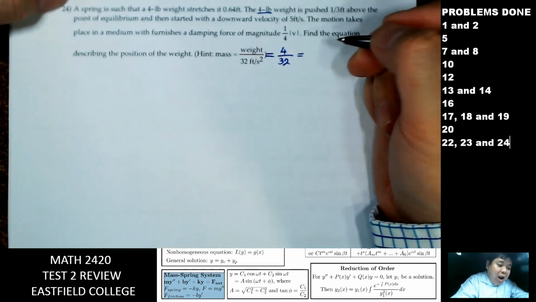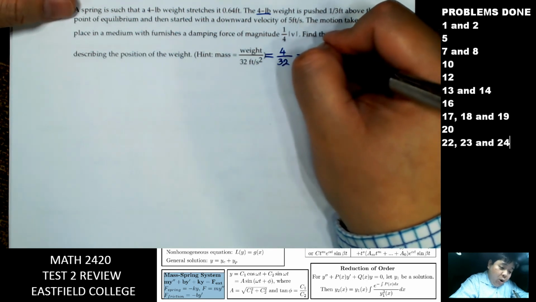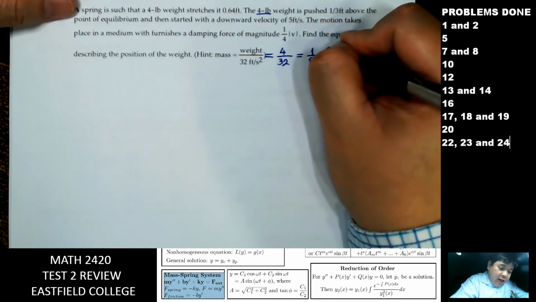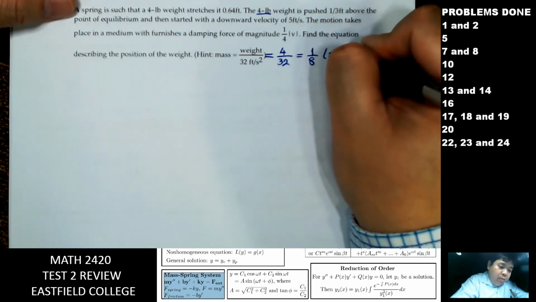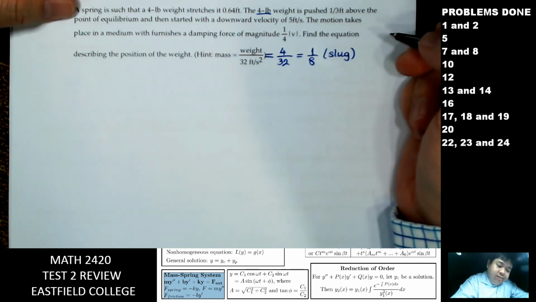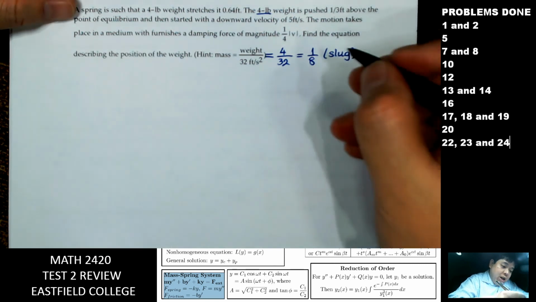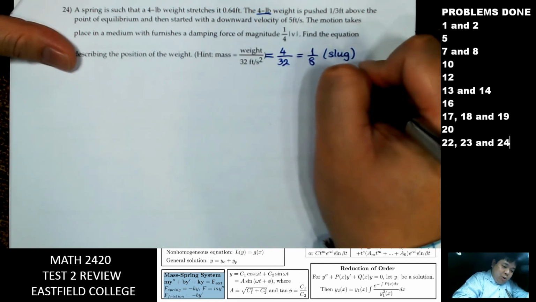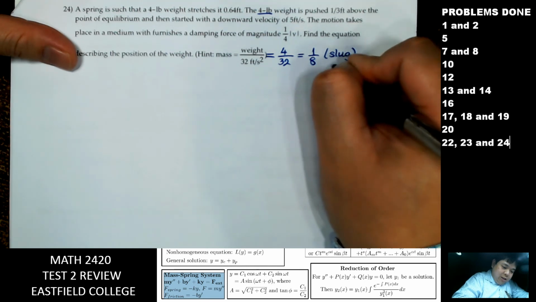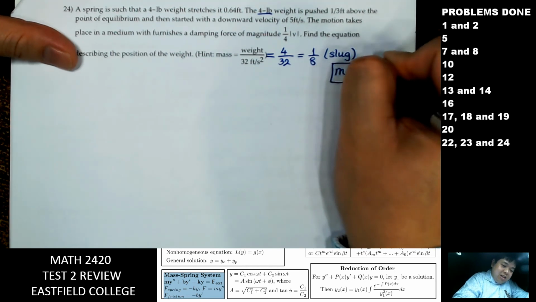So 4 pounds over 32 is 1/8, and we learned earlier the unit for mass is slug. So m is equal to 1 over 8.